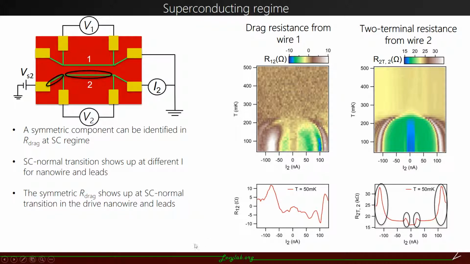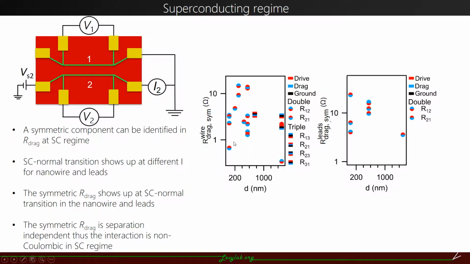And clearly, we can see at the corresponding superconducting normal transition current value, symmetric drag resistance shows up for both nanowire and leads. And if we extract the magnitude of symmetric drag resistance at the corresponding current value, we can see they are also separation independent. Therefore, the coupling is also non-Coulombic in nature in the superconducting regime.